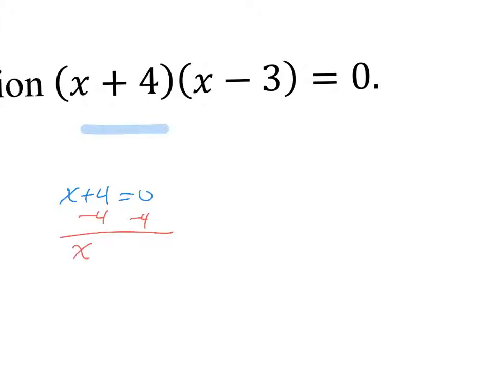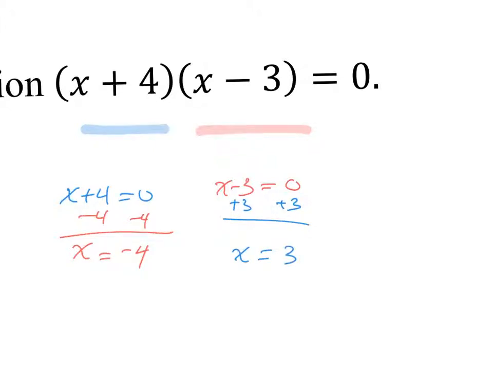Some of them are pretty easy. It's an easy -4, and you could even see it at times. And you would set the other parentheses equal to 0, and you would solve by regular equation. And you could check your work by plugging each of these in independently to make sure it works.